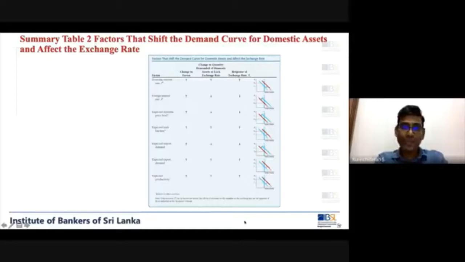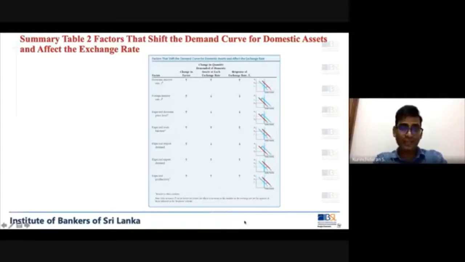So when the demand for the domestic assets increases, the value of the currency is going to increase. That means the exchange rate ET is going to increase. That's given in the curve. That means the demand curve moves outward. You can see that in the graph.